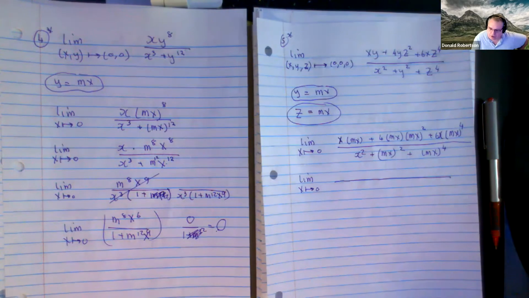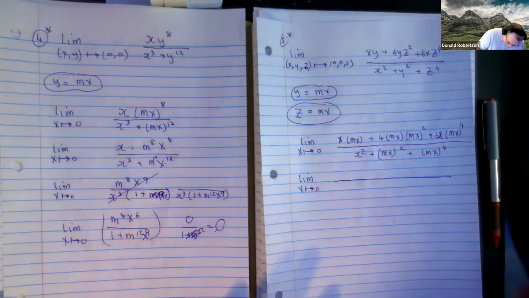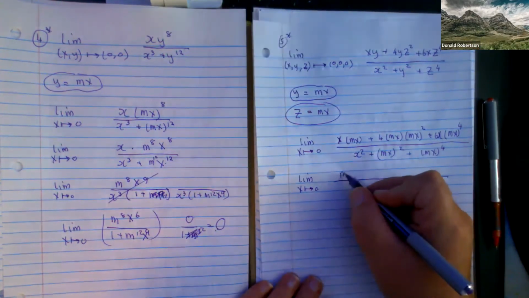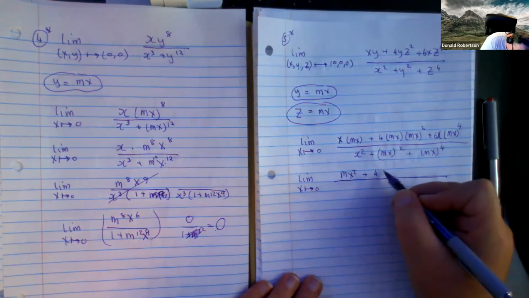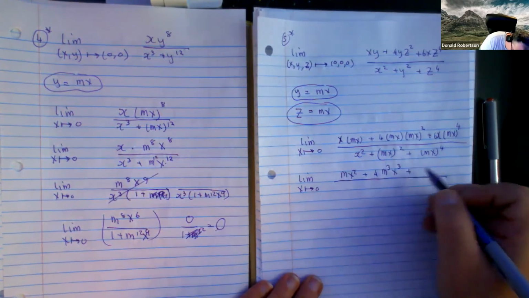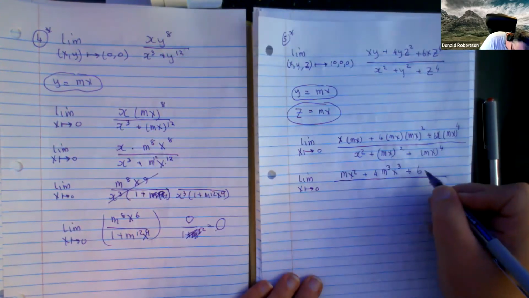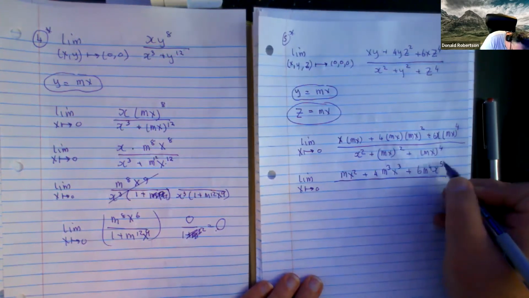Now, if this particular combination doesn't work, I can make any assumption I want, I guess. I could make it x squared, like you said, and see if that would do something there. But I have mx squared. I have 4 m cubed x cubed, and I have 6 m to the 4 x to the 5s.